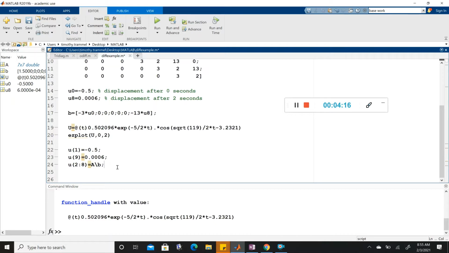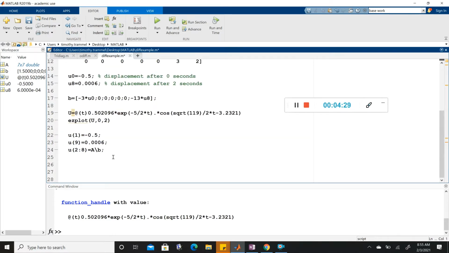Now, the next thing that we need to go along with this is we need to set up the x values, right? We don't have the x values, or t values, to go along with this. So in order to do that, let's just use linspace. I'll just use x. x equals linspace. We want to go from 0 to 2.